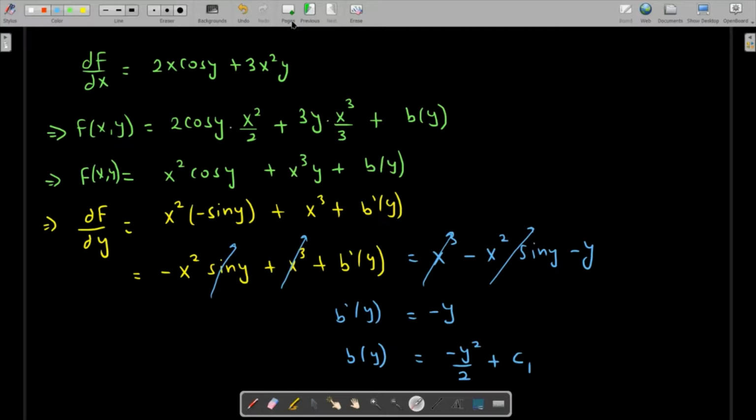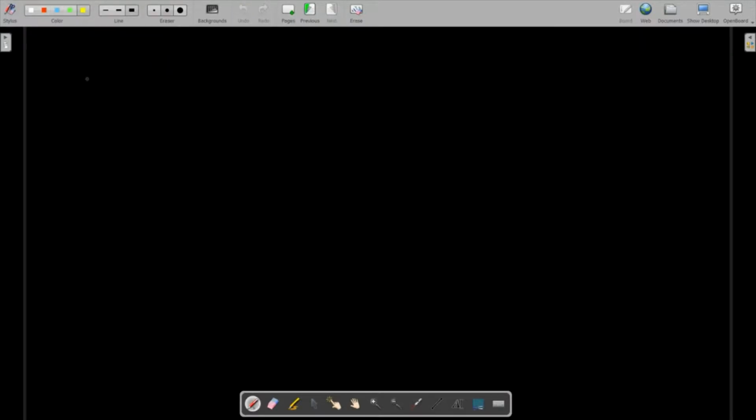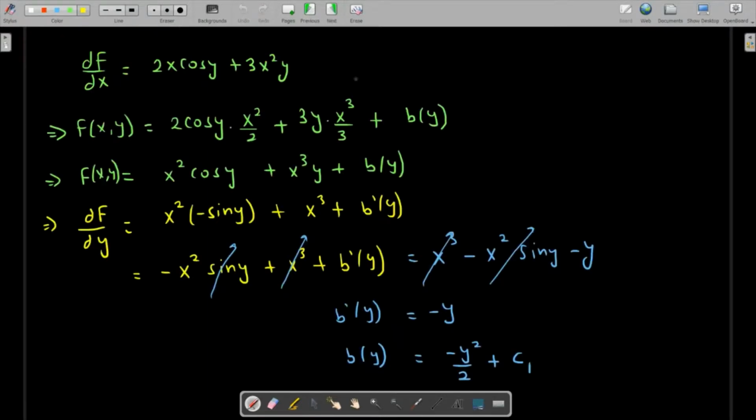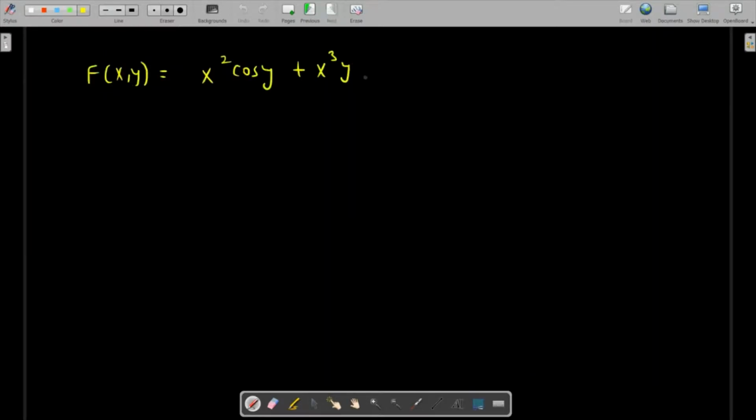So the final answer will look like f(x,y) would actually be equal to x square cos y plus x cube y plus b(y), which is negative y square over 2 plus the constant of integration c1.